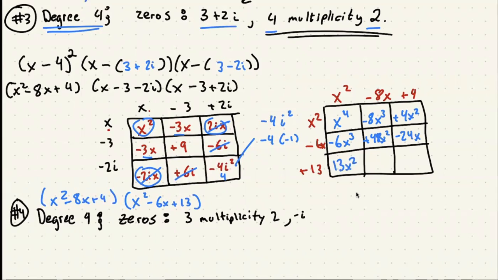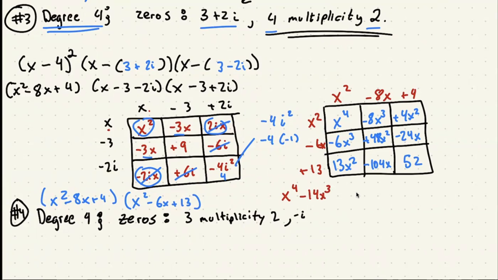I actually don't know what 13 times -8 is, so now you just type it in the calculator. 8 times 13 is -104x, and then 13 times 4 is 52. So we have x to the 4th, right? And then -6 minus 8 is -14x cubed.